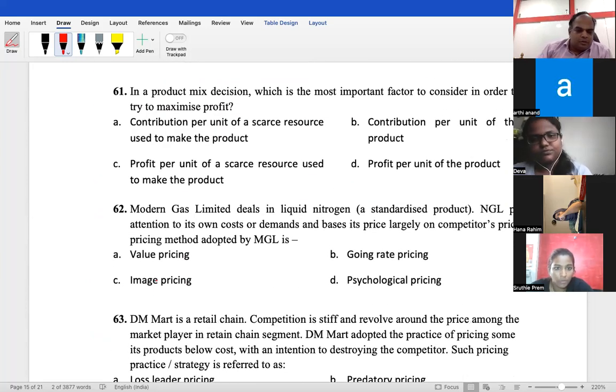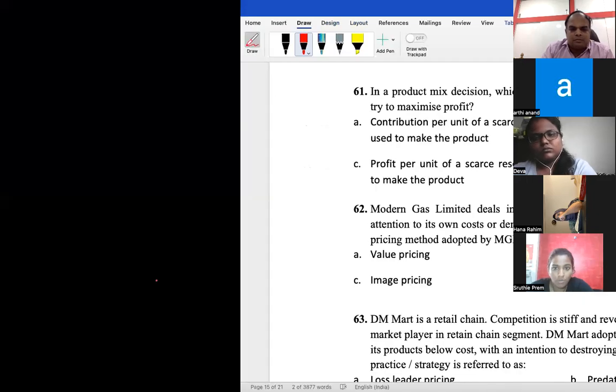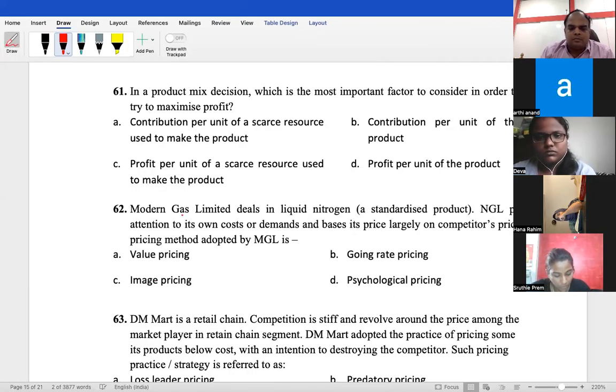Next. In a product mix decision, which is the most important factor to consider in order to maximize profit? Option A, contribution per unit of a scarce resource used to make the product.